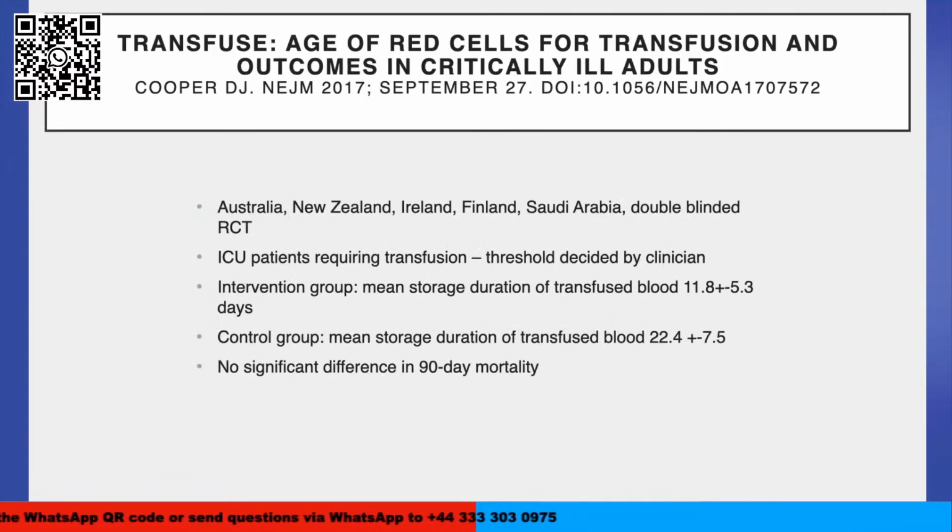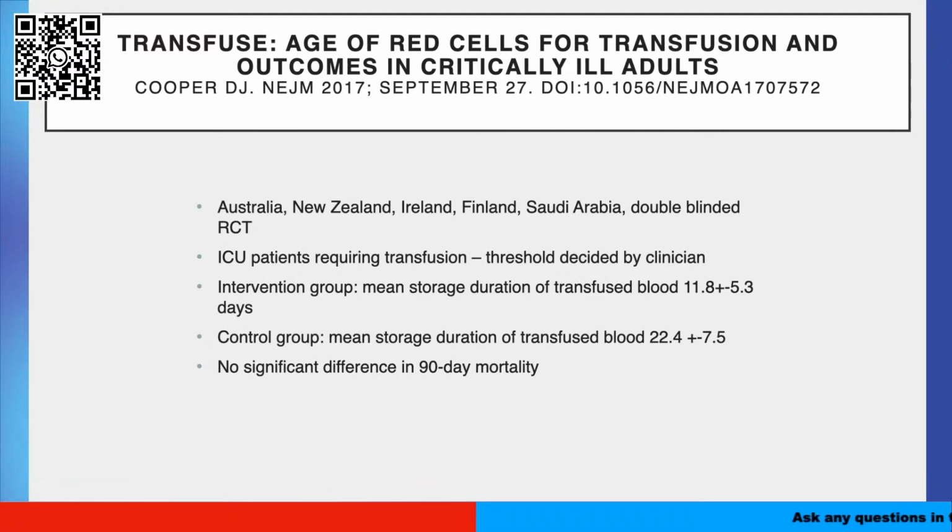Then looking back at a paper in the New England Journal of Medicine from 2017, this looked at the age of red blood cells that were used for transfusion, and it was based on the assumption that perhaps patients with critical illness should have fresher cells, so ones which were more recently donated. And this was carried out in a number of sites across the world, so Australia, New Zealand, Ireland, Finland, Saudi Arabia.